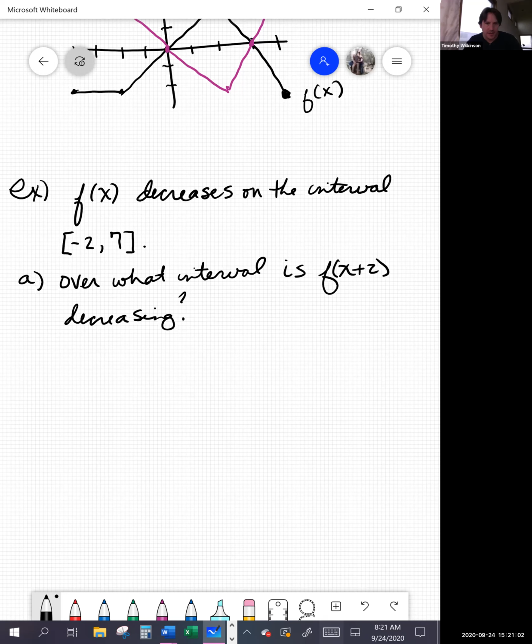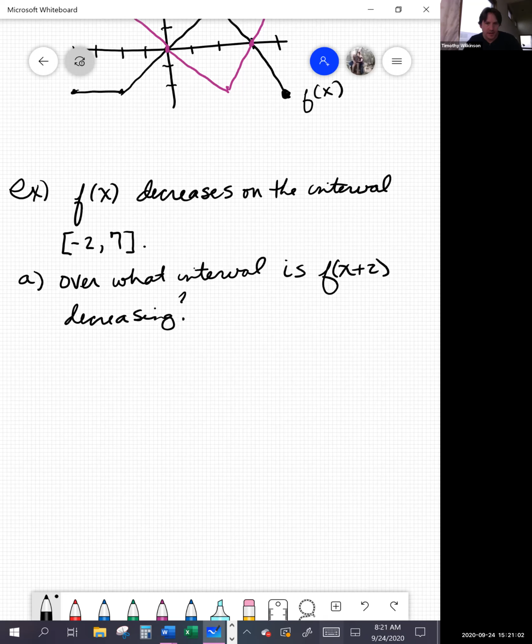And then in here, if you put a negative in front of it, it says, is the graph y equals -f of x increasing, decreasing, or neither on -2, 7. So let's look at that.